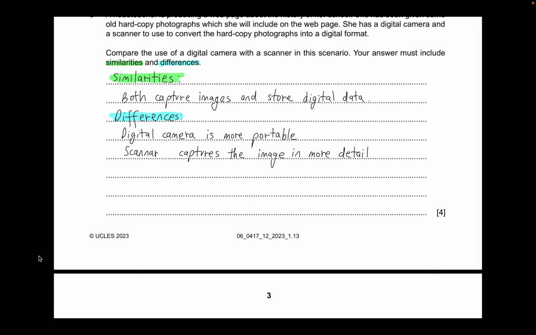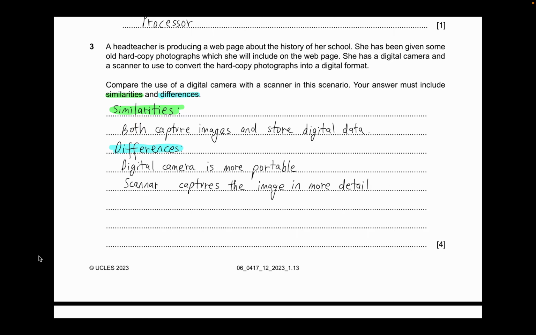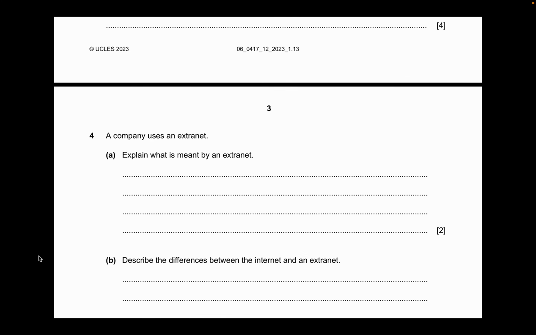However, you can take a photograph faster with a digital camera. You can mention that a digital camera has a faster data capture than a scanner. You can also mention that as one of the key differences in this question. Okay, let's move on to the next question.